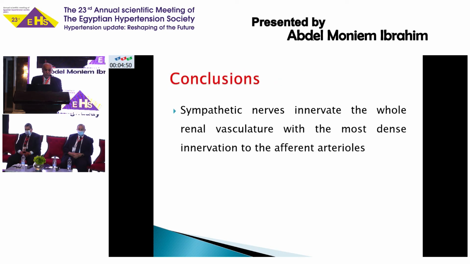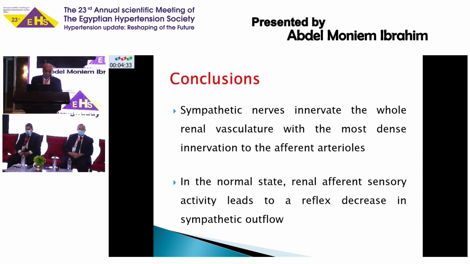Mr. Chairman, dear colleagues, our conclusions: sympathetic nerves innervate the whole renal vasculature with the most dense innervation to the afferent arterioles. In the normal state, renal afferent sensory activity leads to a reflex decrease in sympathetic outflow.